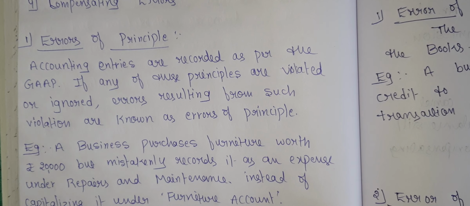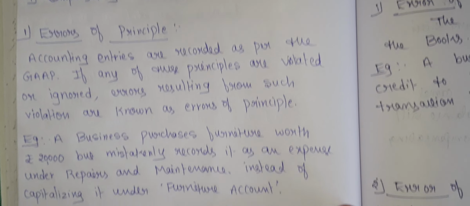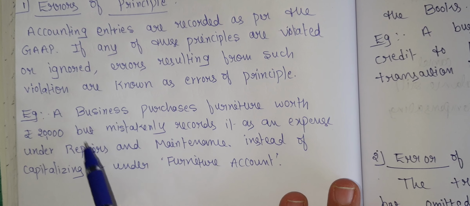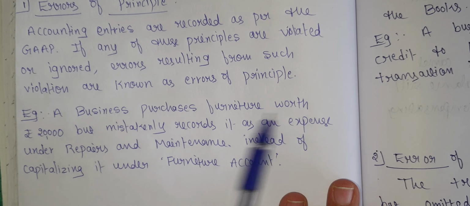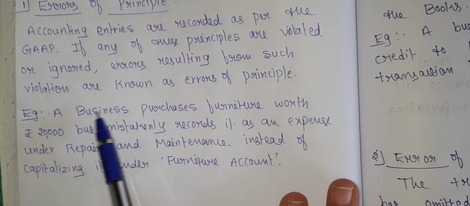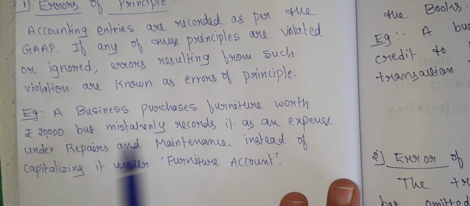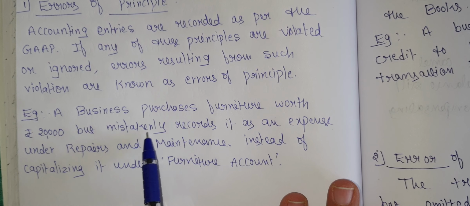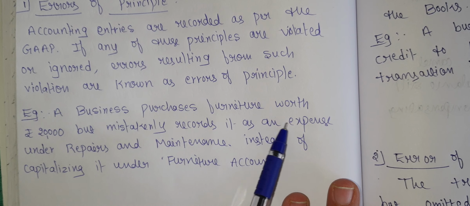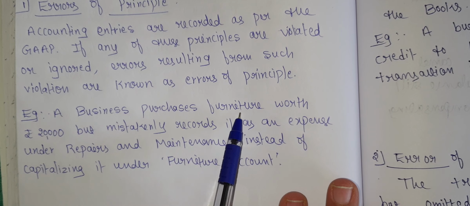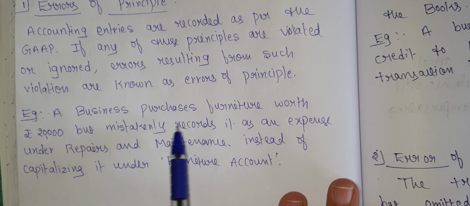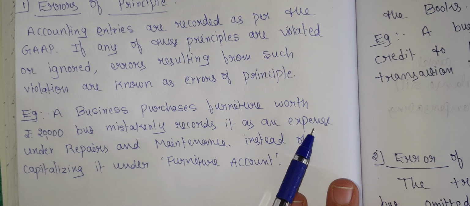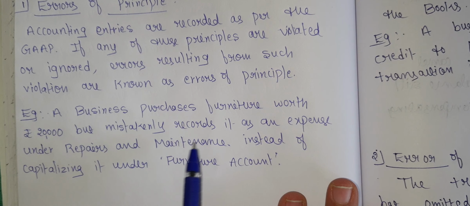Here I will explain errors of principle through an example. For example, a business purchases furniture worth rupees 20,000 but mistakenly records it as an expense. Furniture is an asset, right? But here they mistakenly record it as an expense under repairs and maintenance.